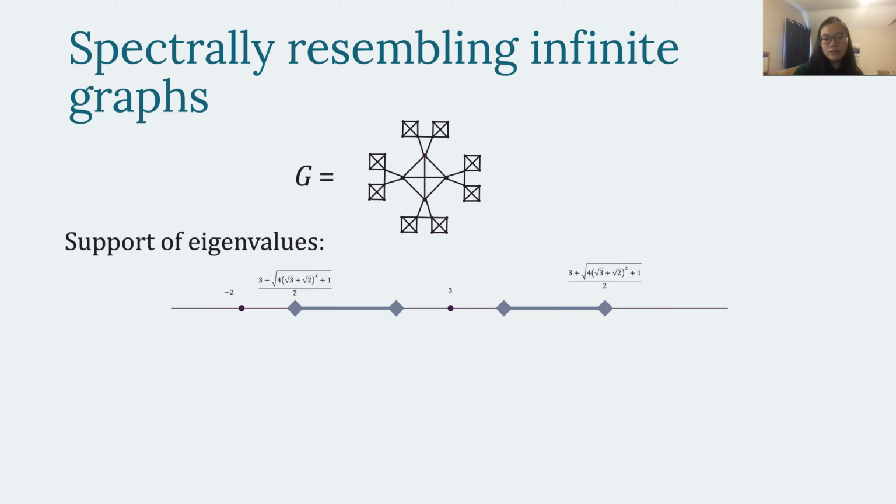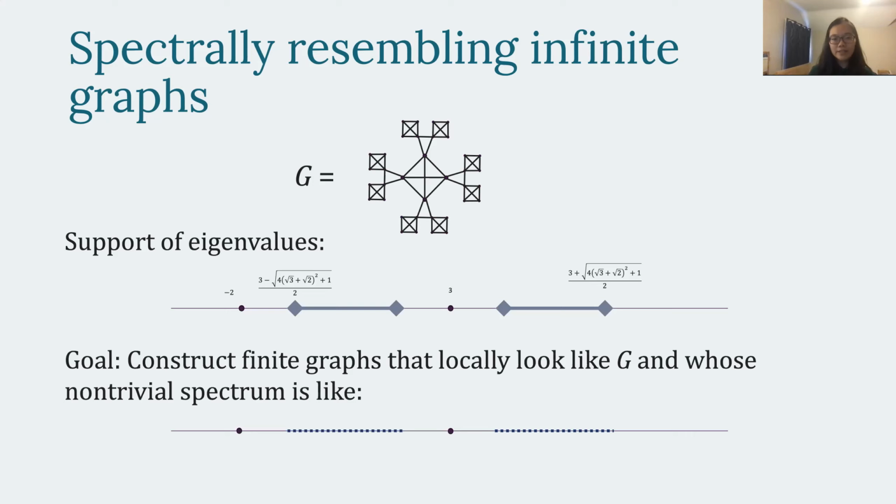So when I try to find a finite graph, I want it to locally, structurally look like this infinite graph, and I want its spectrum to have this support. So it should also match this -2 and 3 here, and it should have finitely many eigenvalues. The eigenvalues should basically fill out these intervals that are part of the infinite graph.